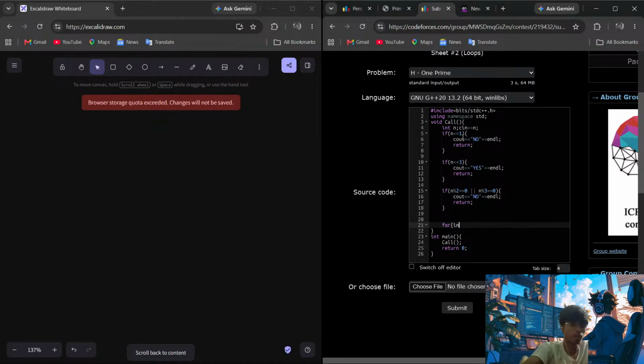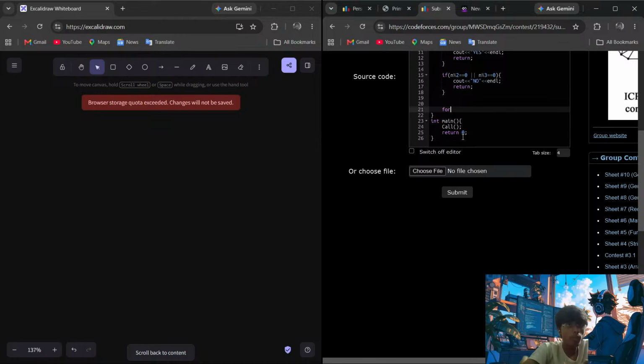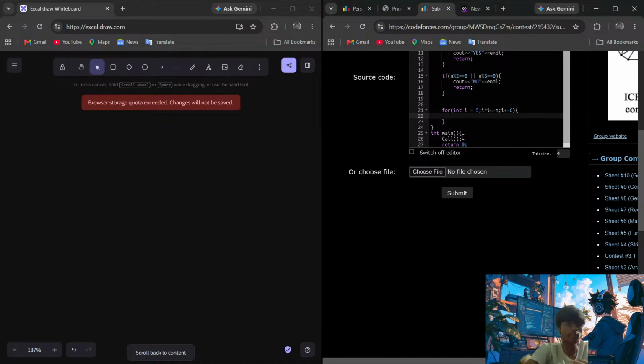And after that, I will check whether that particular number is prime or not. So how will I check? For int i equals 5, i into i less than or equal to n, and I will take the jump of 6. And after that, what will I check?